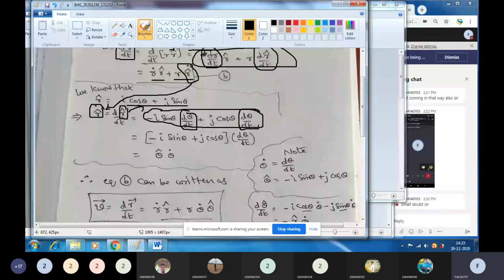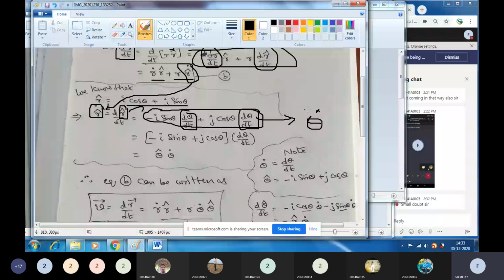Whenever the derivative is there, you place a dot. Instead of d theta by dt, we write theta with a dot on it.